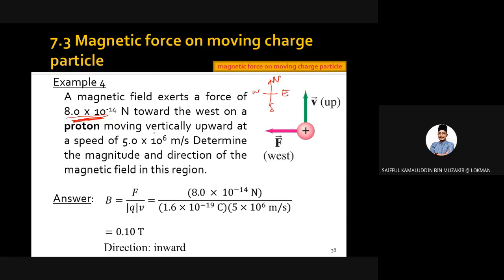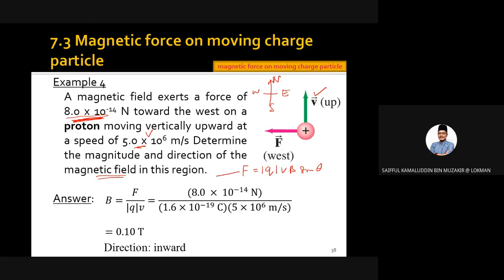Speed is given. This is V. V is given upward, 5 times 10 to the power of 6 meter per second. Determine the magnitude and direction of the magnetic field in this region. How do we determine magnetic field? Using the equation F equals Q modulus V B sin theta.